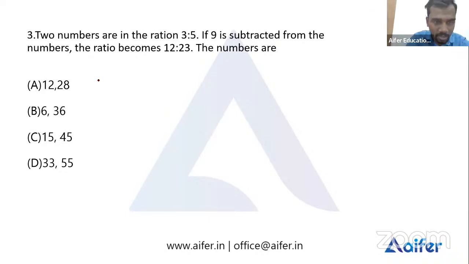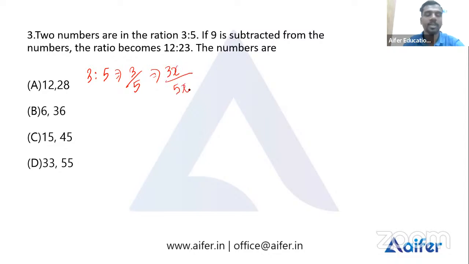Okay, so we have two numbers in the ratio 3:5. That will be 3/5. So we can't subtract 9 directly from 3 and 5. So we'll be writing it as 3x by 5x.